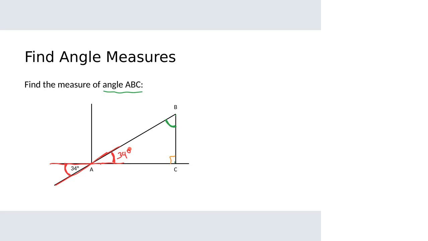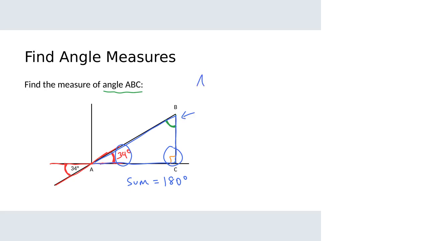Okay. Well, now let's see here. I've got this right triangle here, ABC, and those three angles in there have to have a sum of 180 degrees. And I know that this one's 34, and I know that this one's 90. So I'm going to be able to find the measure of that third angle.